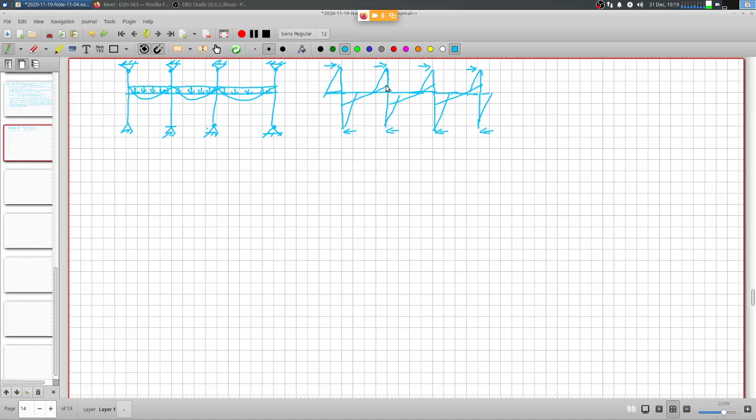And that brings us to today's discussion: how do we preserve the column integrity, right? What do we need to do to preserve the column integrity?